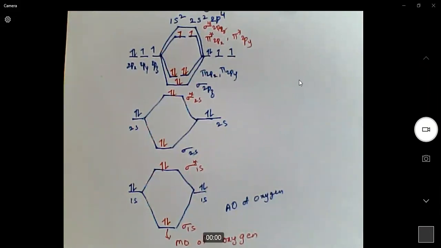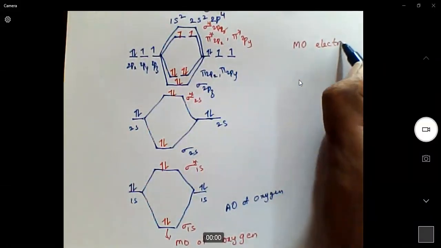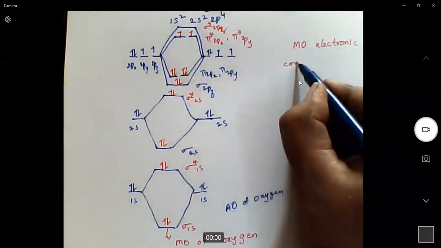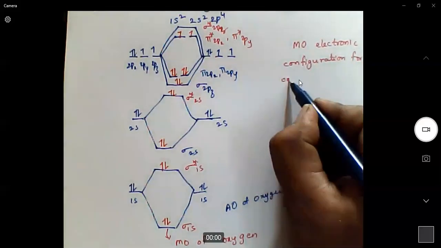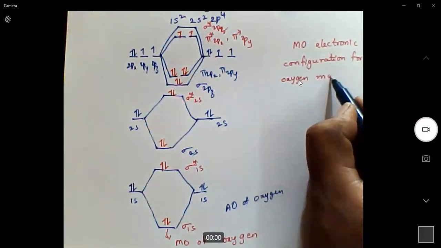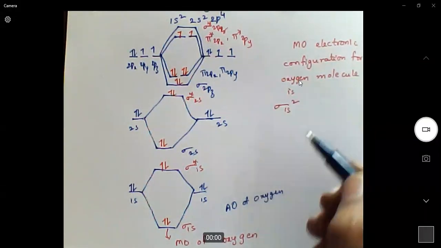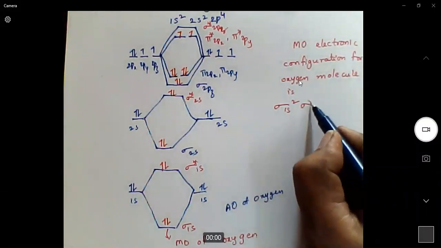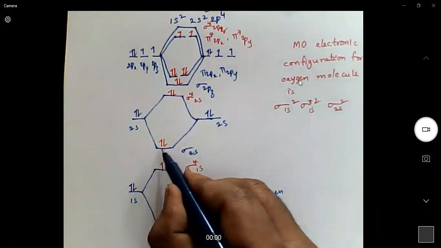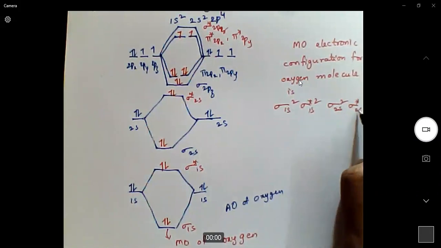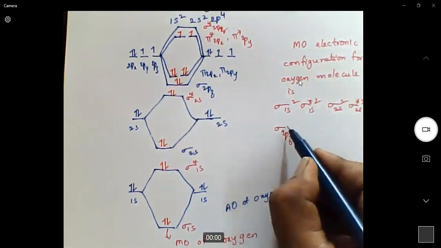So this is how we need to fill the MO diagram. Now the MO electronic configuration for oxygen molecule is sigma 1s 2 electrons, sigma star 1s 2 electrons, sigma 2s 2 electrons, sigma star 2s 2 electrons, sigma 2pz 2 electrons.